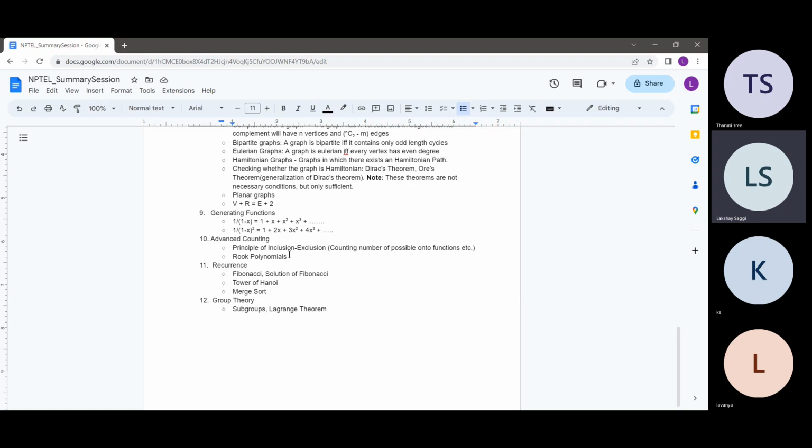In chess, rooks only move along rows or columns. Its most general formulation is that we are given a k cross k chessboard and we need to place k rooks so that no two rooks can attack each other. So that's the formulation.